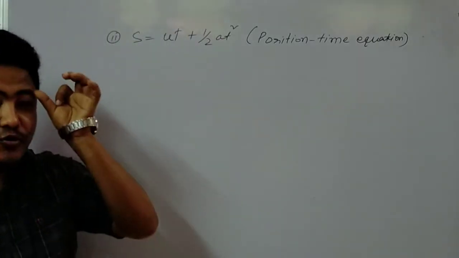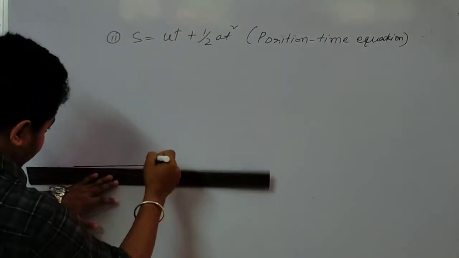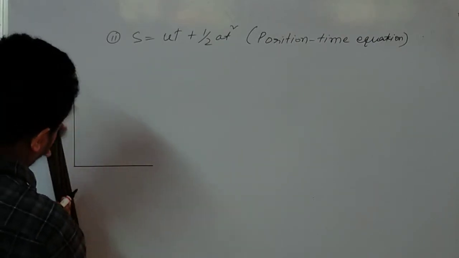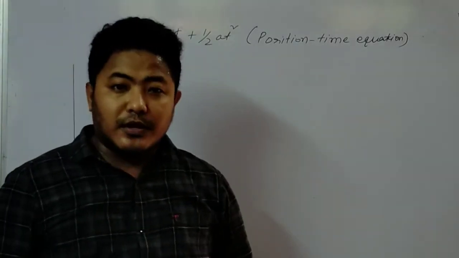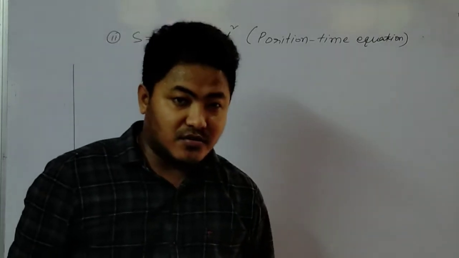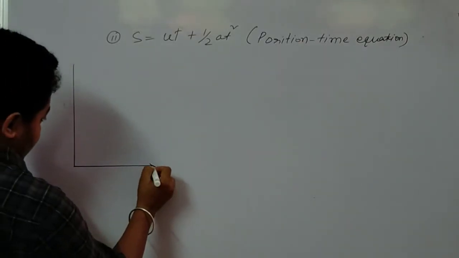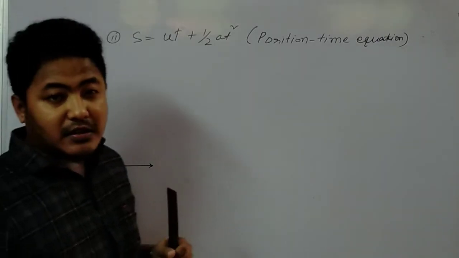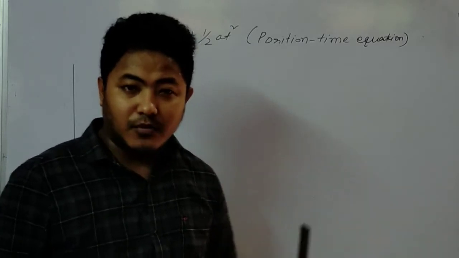The diagram will be similar to what we drew for the first equation. Suppose this is the diagram we took in the previous case. Nothing is going to change. Remember, we are going to derive all these equations for a body in uniform acceleration. The acceleration is not zero, and the initial velocity is not zero either; we are considering some amount of initial velocity for the body.